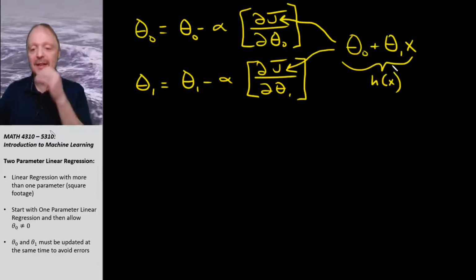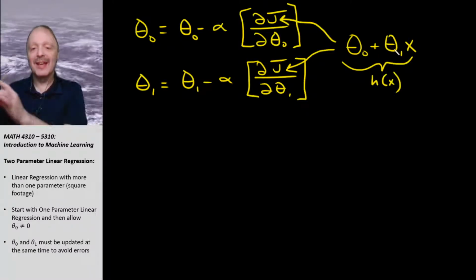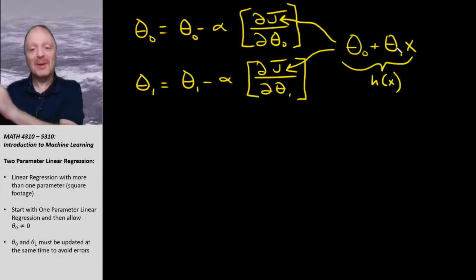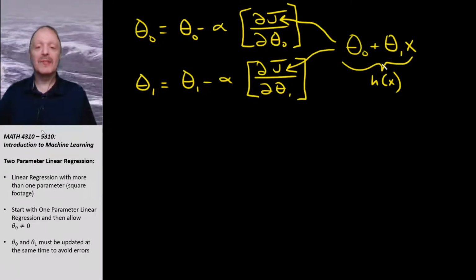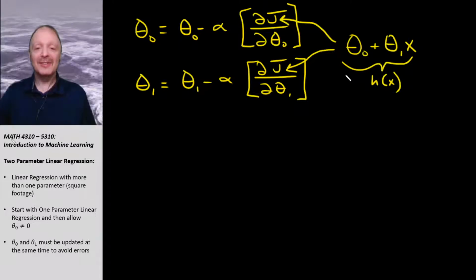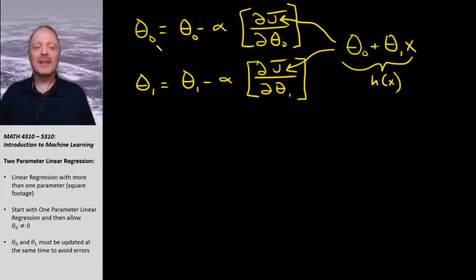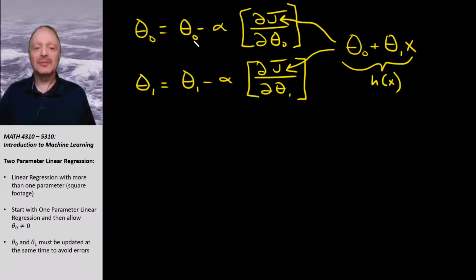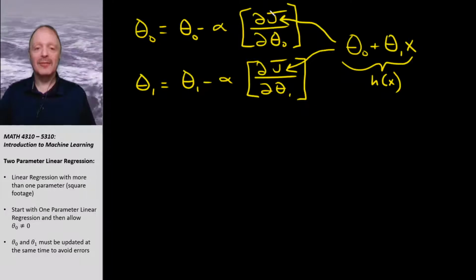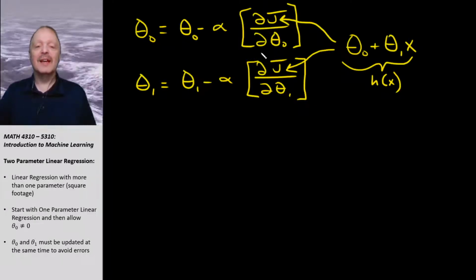So this new cost function has the new hypothesis that includes these two parameters. And so what happens is, if I implement the code just as is, I get theta sub 0 new gets theta sub 0 old minus alpha times that. That's fine. That executes absolutely fine.